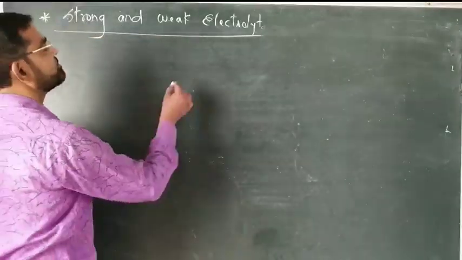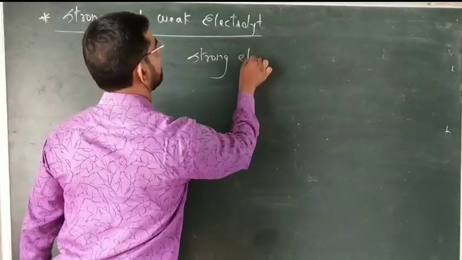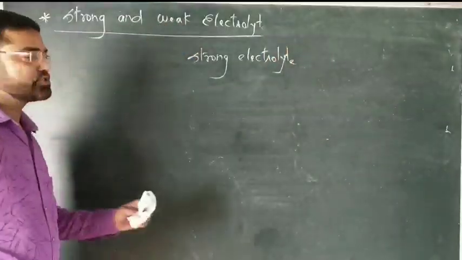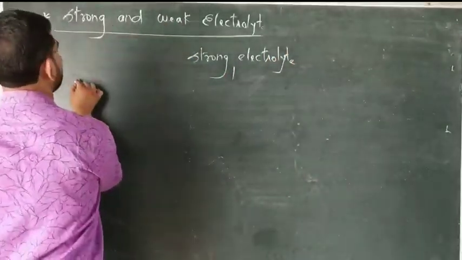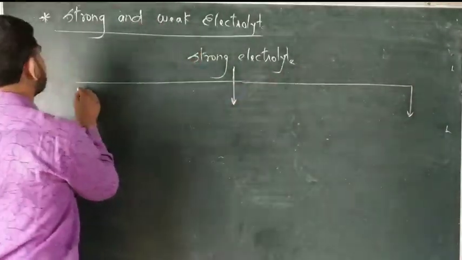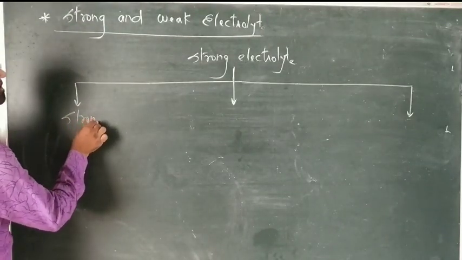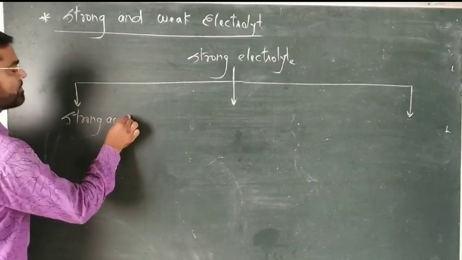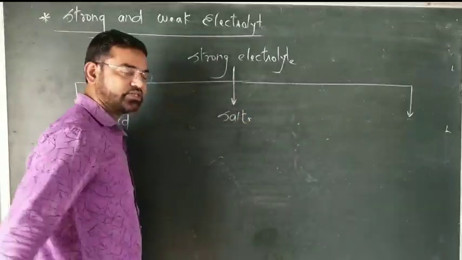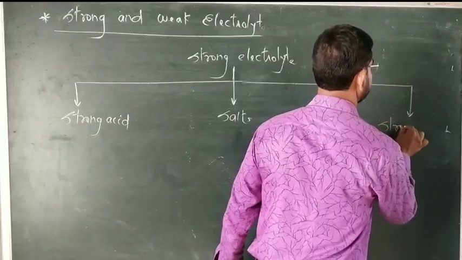Let's consider a strong electrolyte. In a strong electrolyte, we count three parts: one is strong acid, one is salts, as well as strong base.